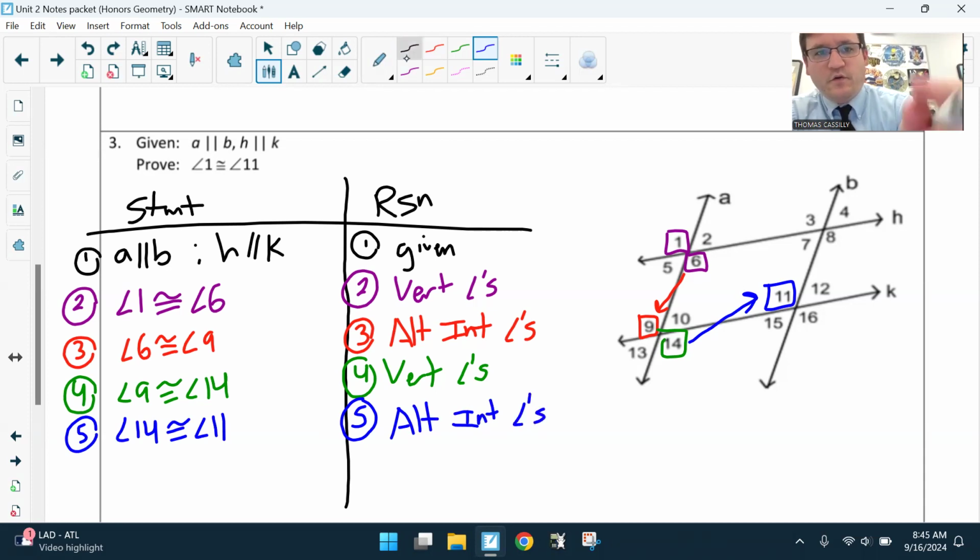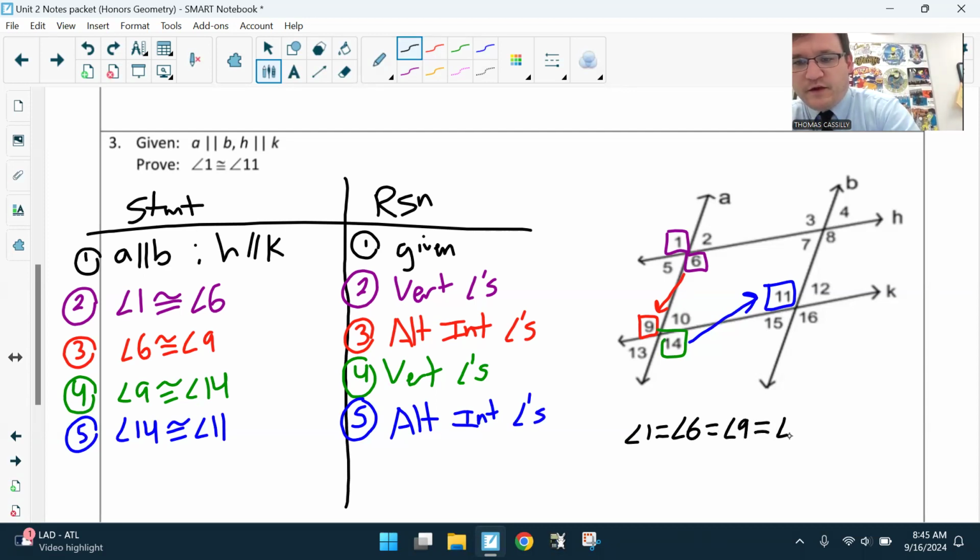All right. So let's just look at this. We've made a chain here. We said angle 1 equals angle 6. Angle 6 equals angle 9. Angle 9 equals angle 14. And angle 14 equals angle 11.